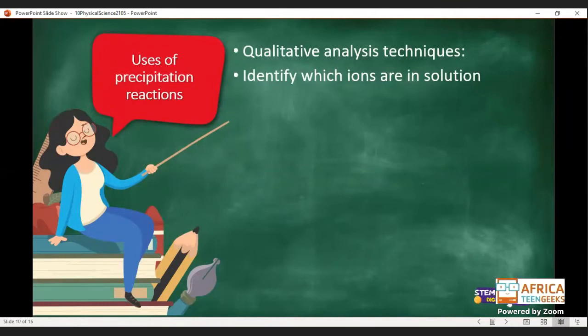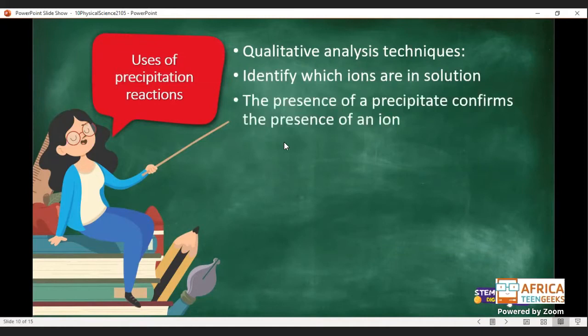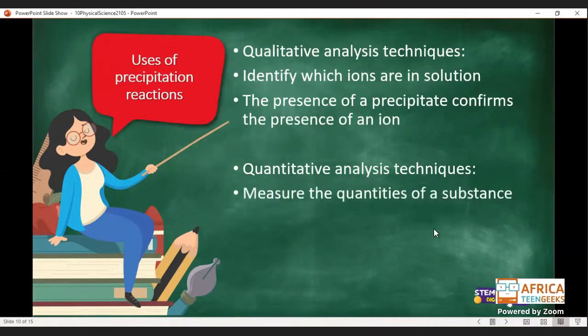Okay, so we can figure out which solutions are there. The other thing we can do is quantitative, quantity, number. Okay, so now that we know what ions we have, we can measure how much of an ion we have.